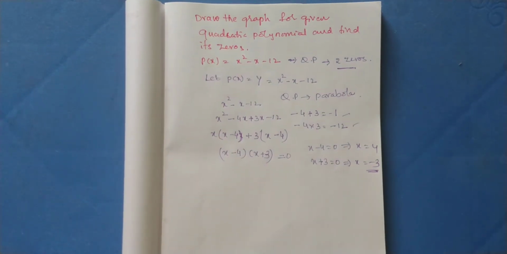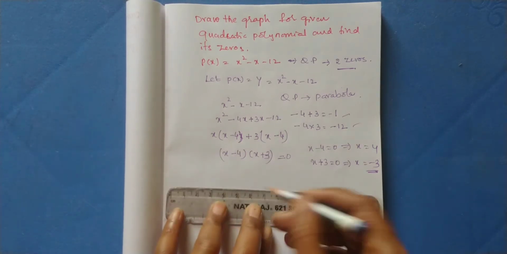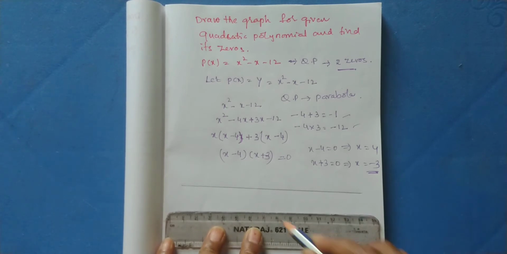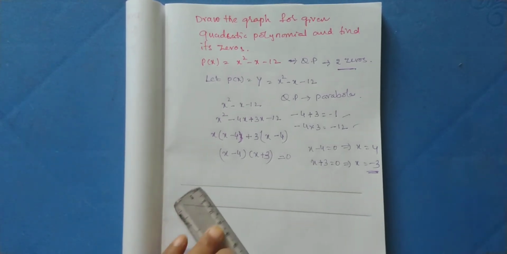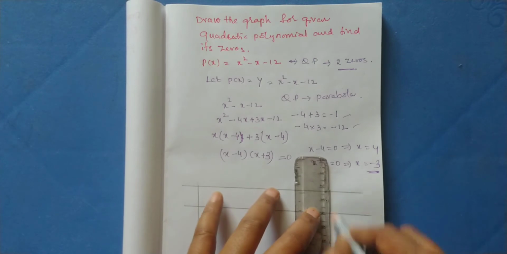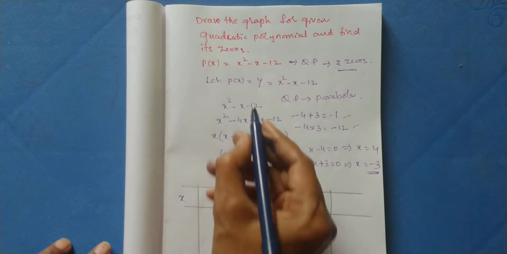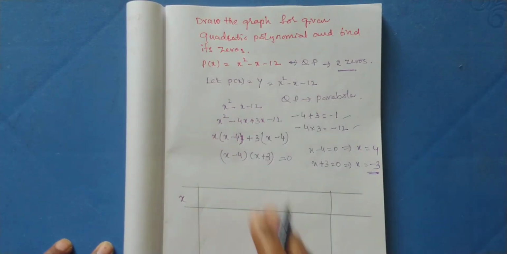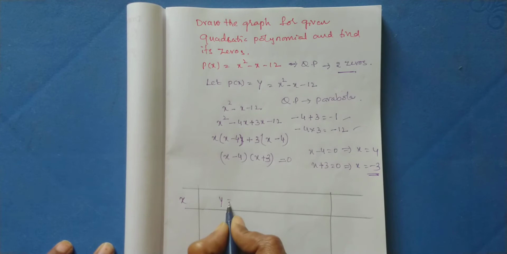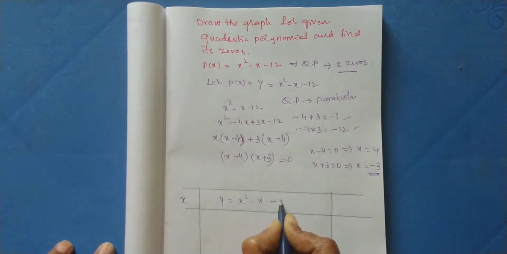Let's take a table for this one. For different x values, what will be the y coordinate? We will take some x and y values. Here p of x equal to y, that is y is equal to x square minus x minus 12.